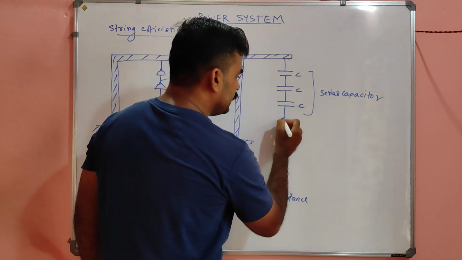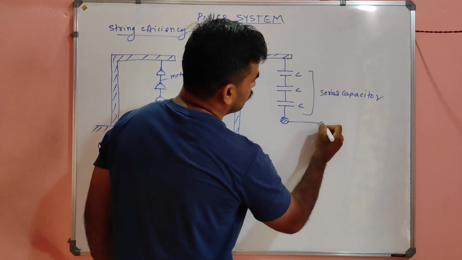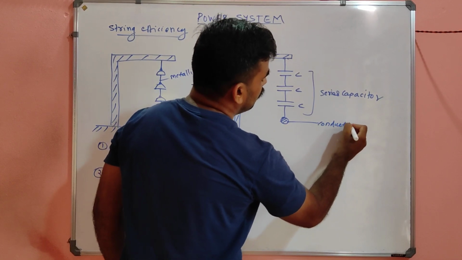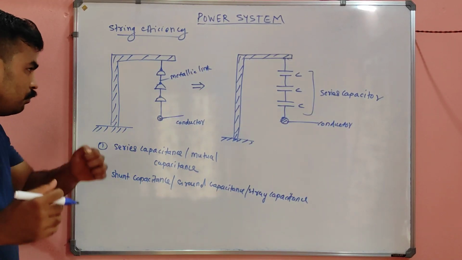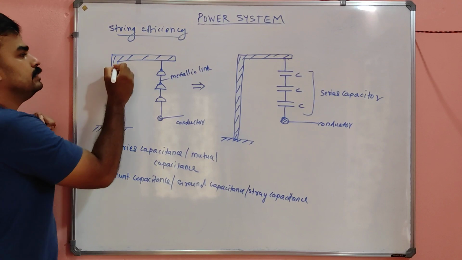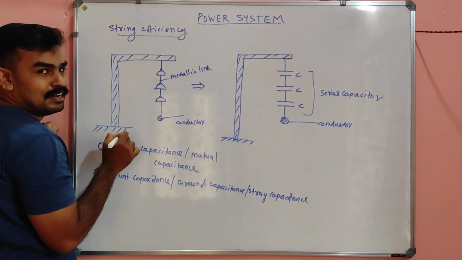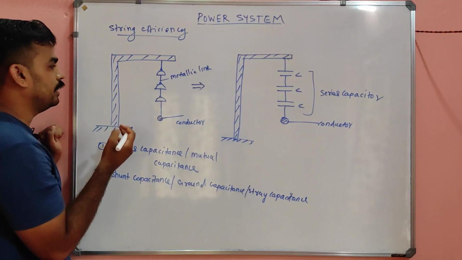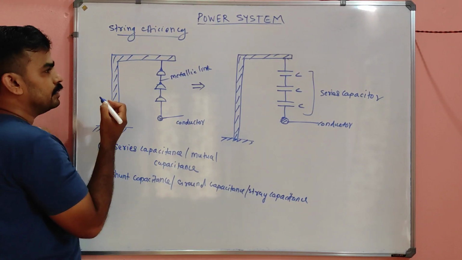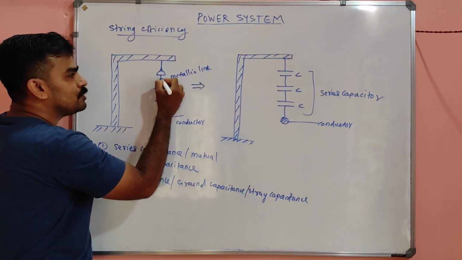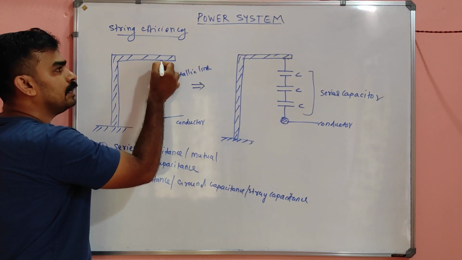And here we are connecting the conductor. One more thing to note is that this cross arm is also a conductor, connected to the earth. Earth contains many charge carriers, so this is also a conductor. Not this one, because it is actually connected to this.